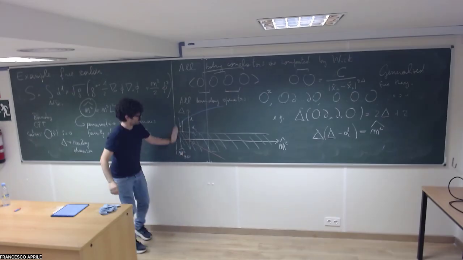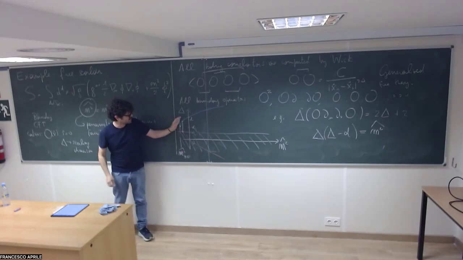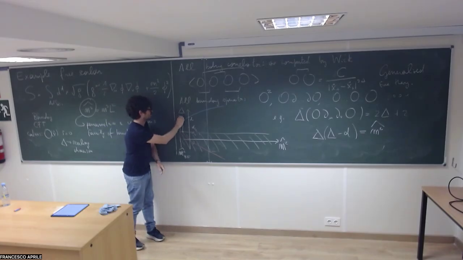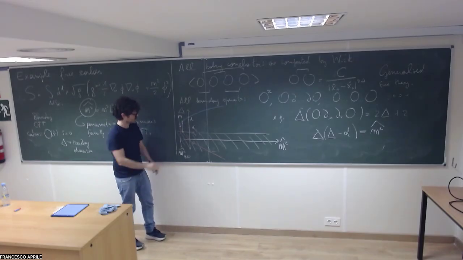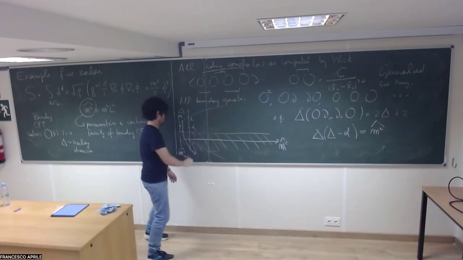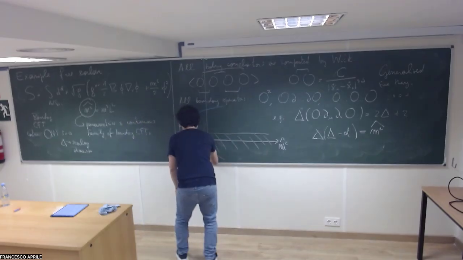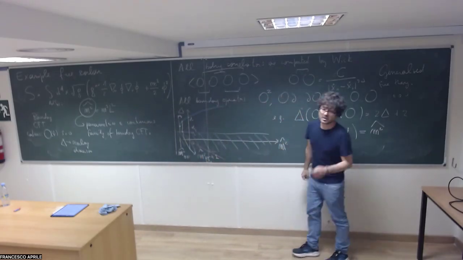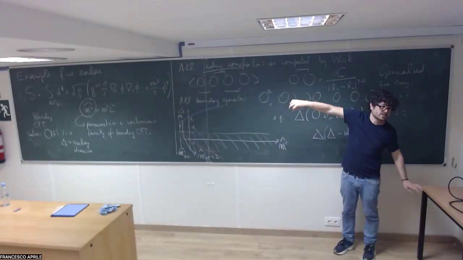Okay, so here is the Breitenlohner-Freedman bound. And it turns out that this small window, in which we have two choices, is between m squared Breitenlohner-Freedman, and the same mass plus 1. Okay, so in this small range of masses, we have two choices.